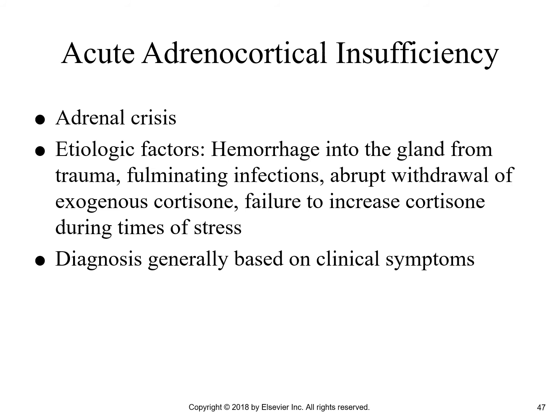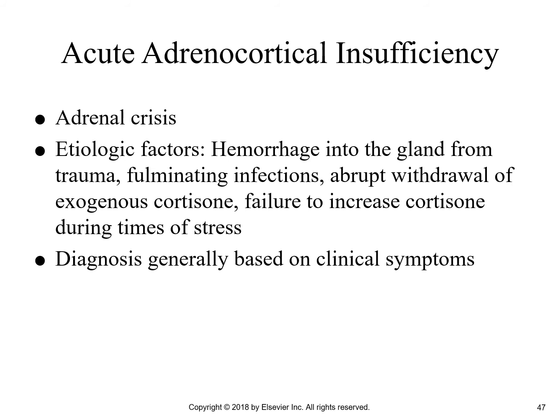Acute adrenocortical insufficiency causes adrenal crisis. Etiologic factors: hemorrhage into the gland from trauma, fulminating infections, abrupt withdrawal of exogenous cortisone, and failure to increase cortisone during times of stress.